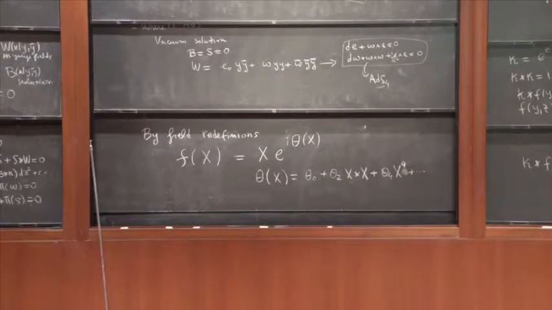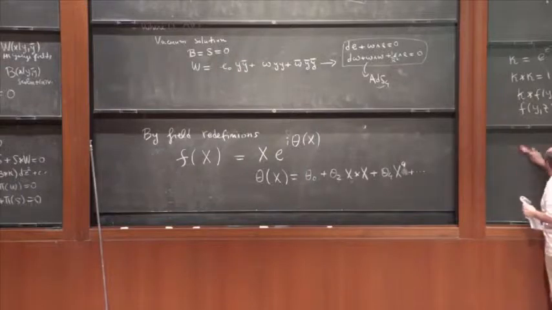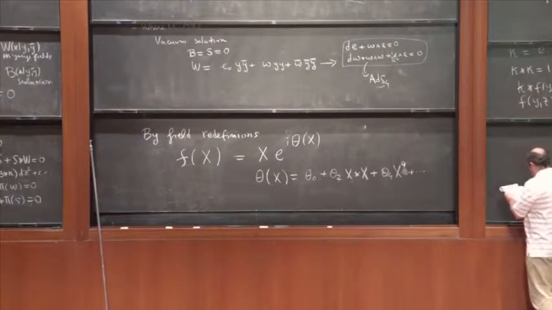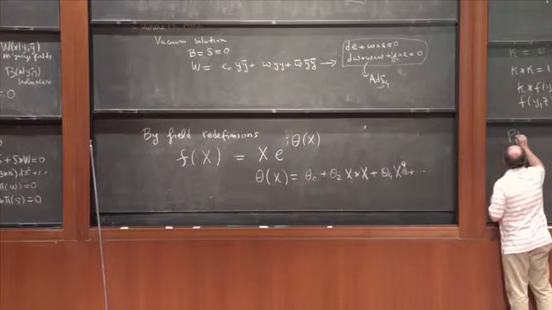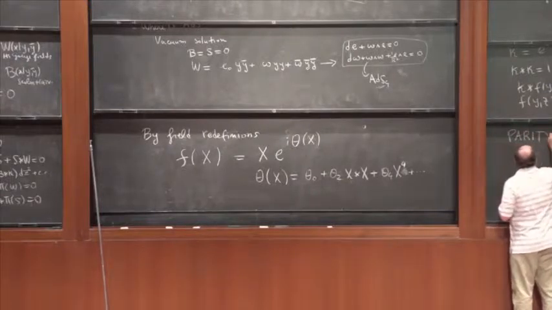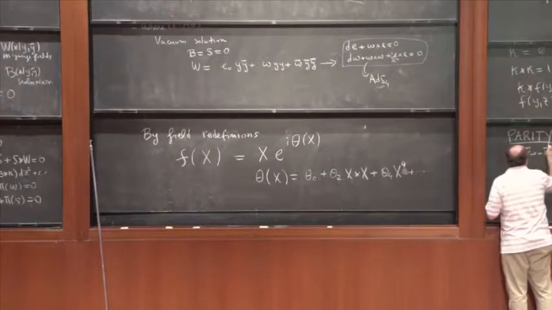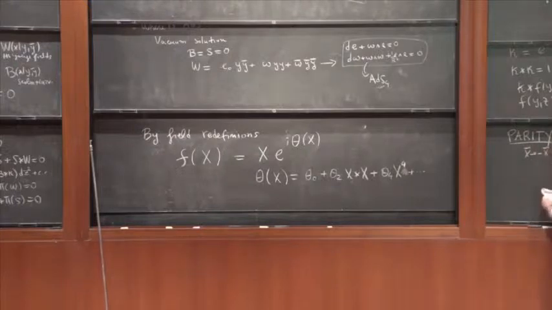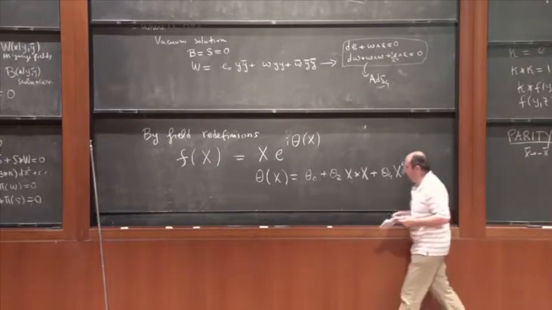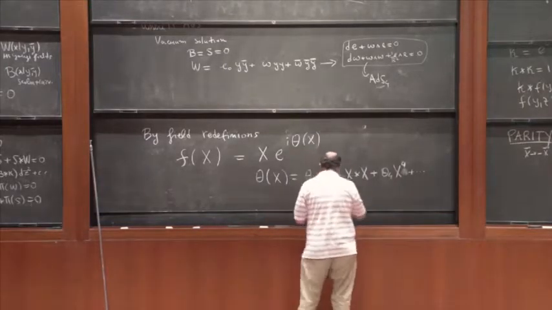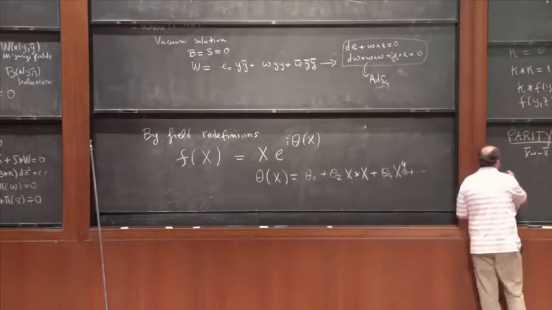Parity. So if you impose that the system of equations is invariant under a parity transformation of this type, then you see that there are only two solutions.